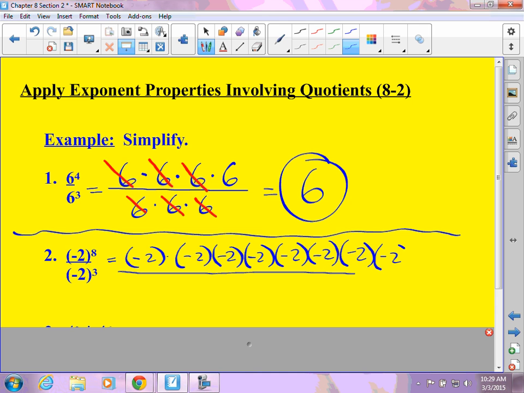How many in the denominator? 3. So then I can cross them out. This is what's kind of fun. So how many -2's do I have left over? 5. So it's -2 in parentheses to the 5th power.